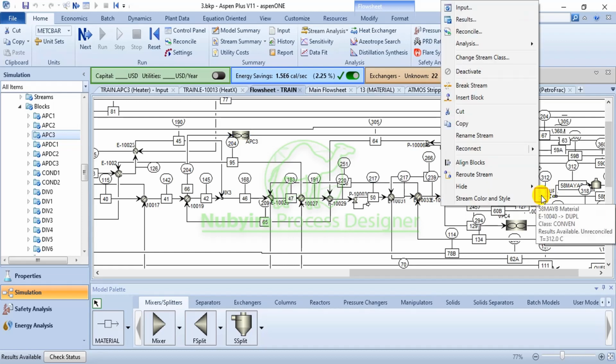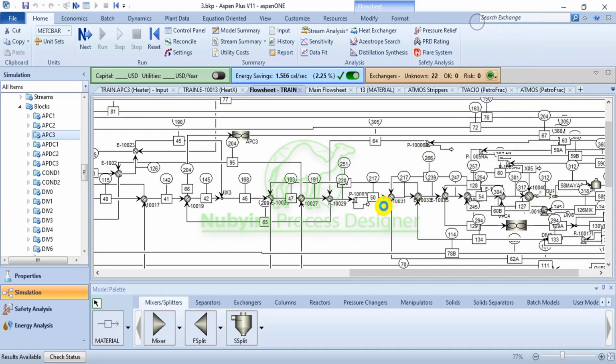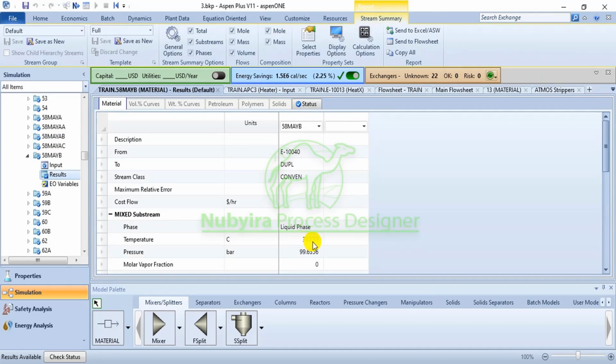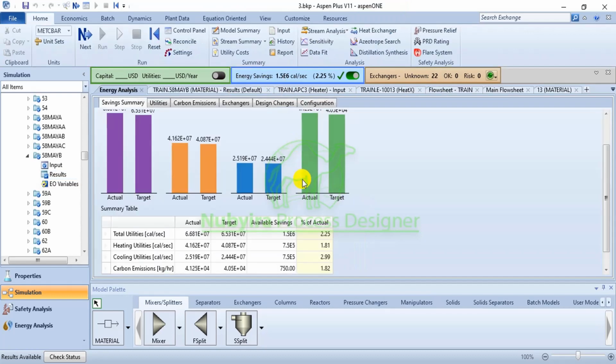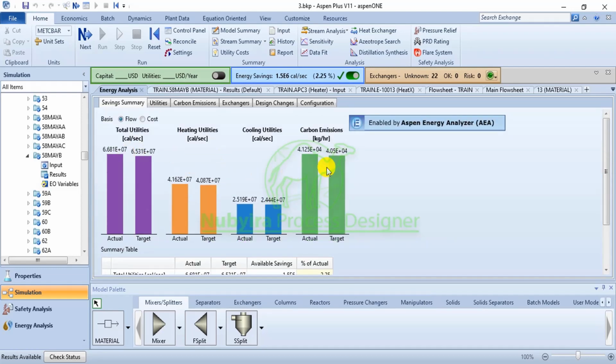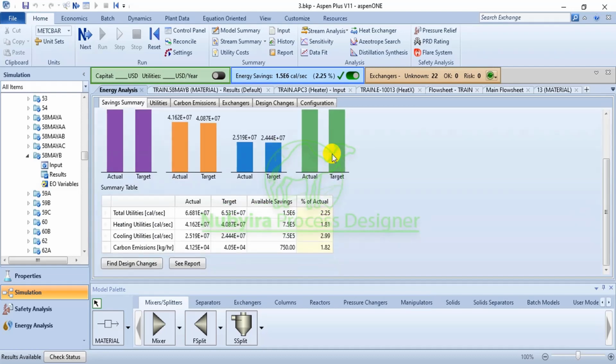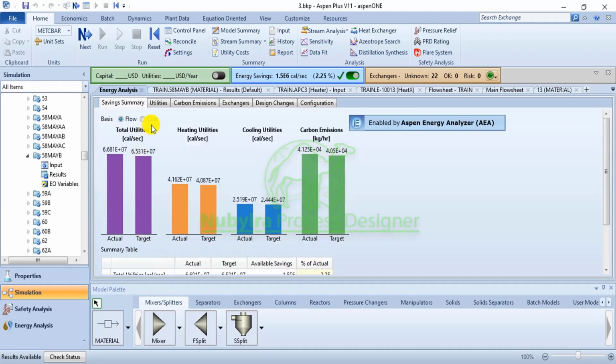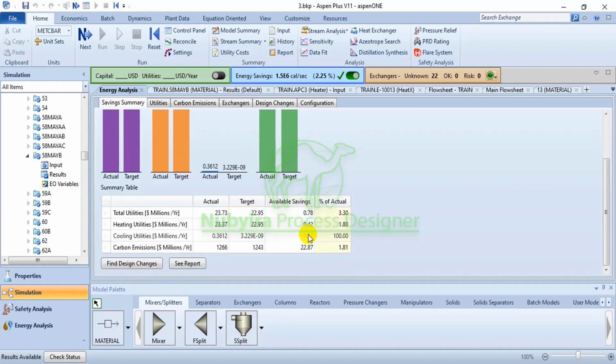Let me check the stream results. So this is the cold stream, 312.3 degrees Celsius. So it will reduce the workload on the furnace, and you can see the target and actual are very close now, the carbon emission target and actual. You can see the cost too, they are very, very close.